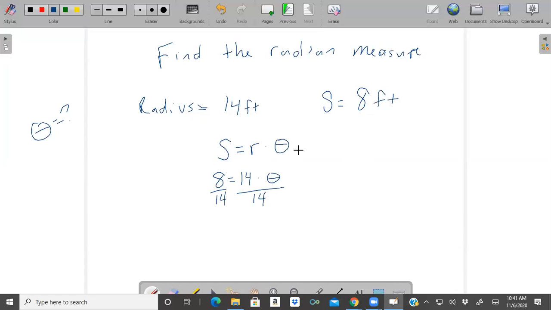Since there's no way for me to figure out what that pi value is, I mean, you could if you really wanted to, but it's not efficient for us to do, so we would just do 8 divided by 14. Does anyone have a calculator with them right there? 0.5714. Okay, so let's just call it 0.57. So this is saying that it is 0.57 radians.